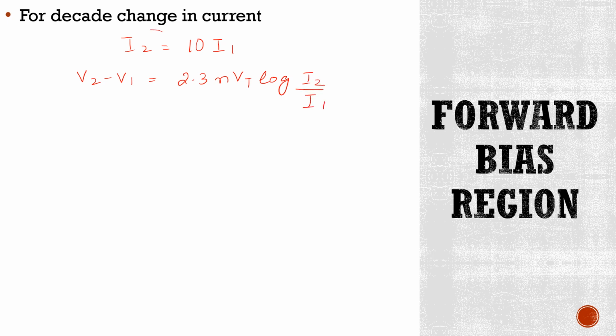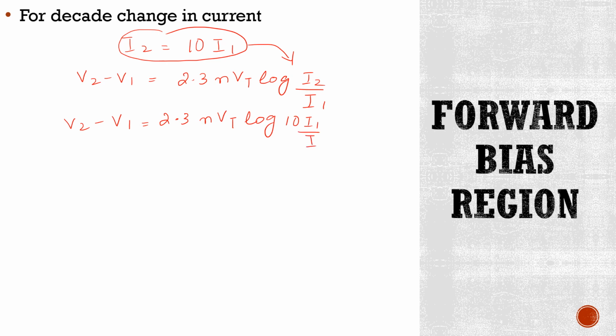Now we'll put this value of I2 in this equation and we'll get V2 minus V1 is equal to 2.3 nVT log(10 I1 divided by I1). This I1 is cancelling this I1 and we know that log 10 is equal to 1. So we'll get V2 minus V1 is equal to 2.3 nVT.